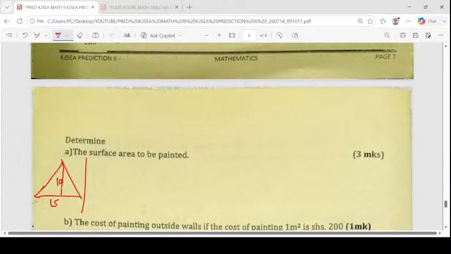Let us get the area of that triangle. Area will be given by half times base times height. So when we have to solve it, we are going to take it this way.